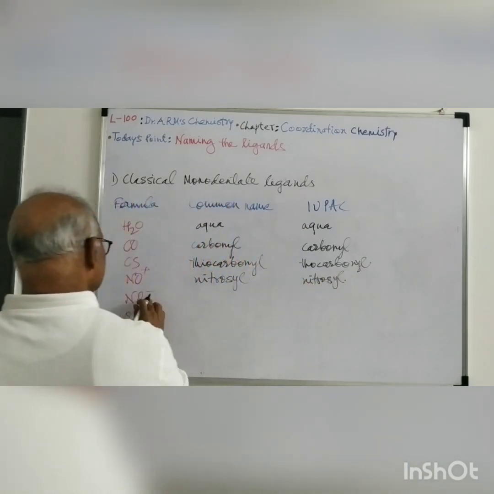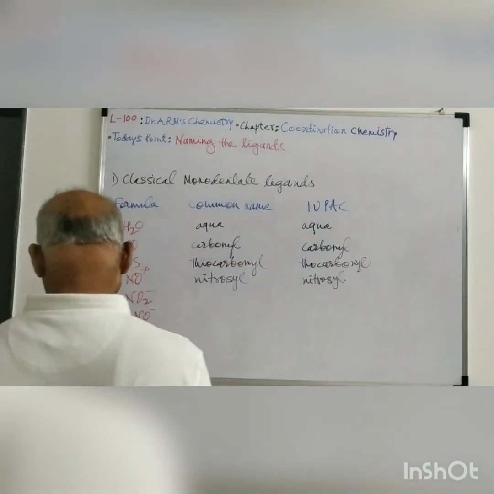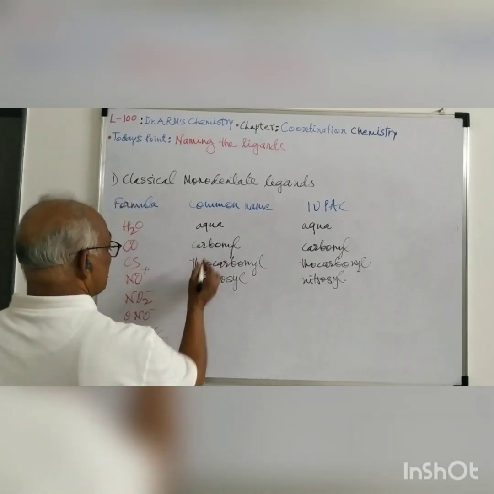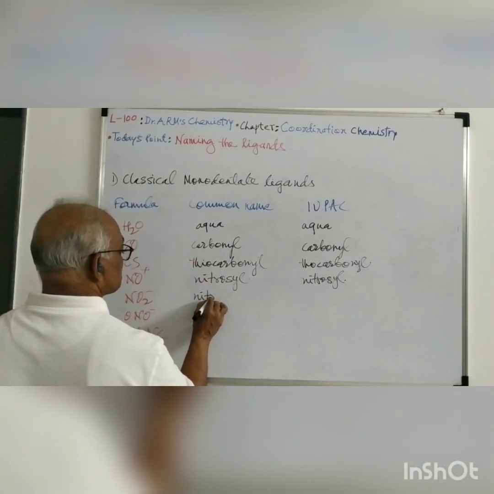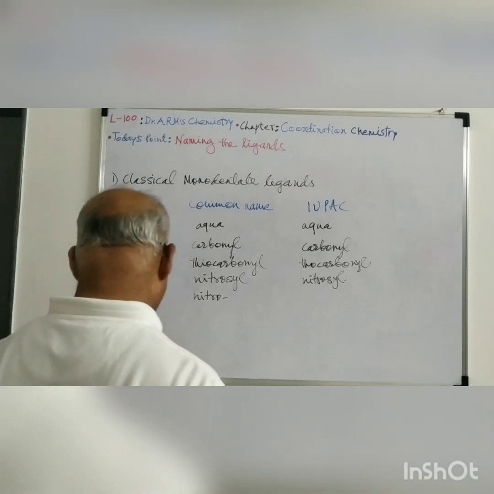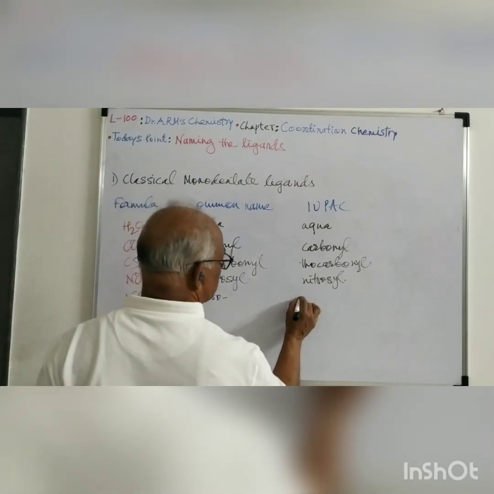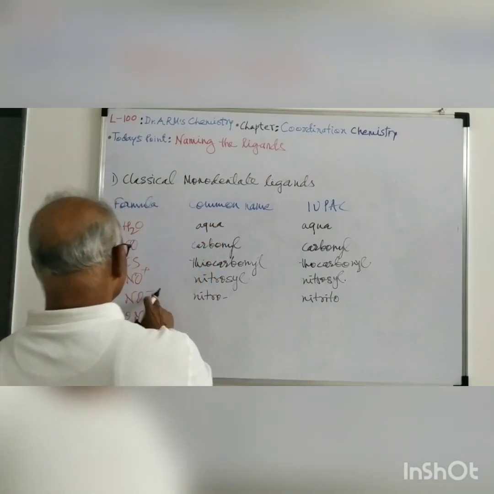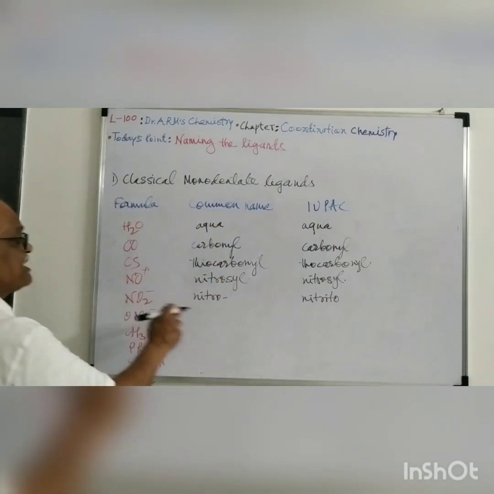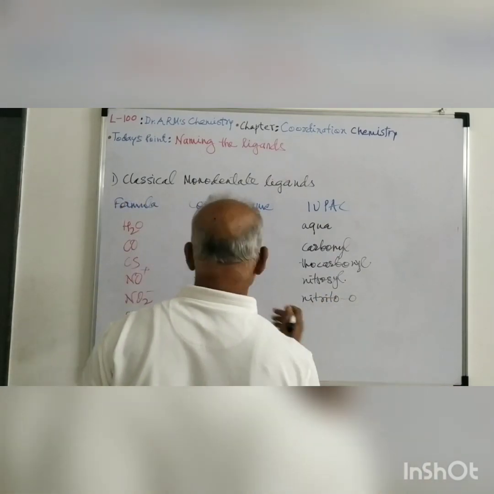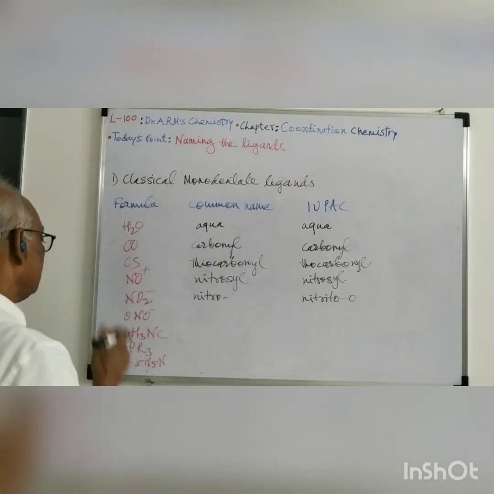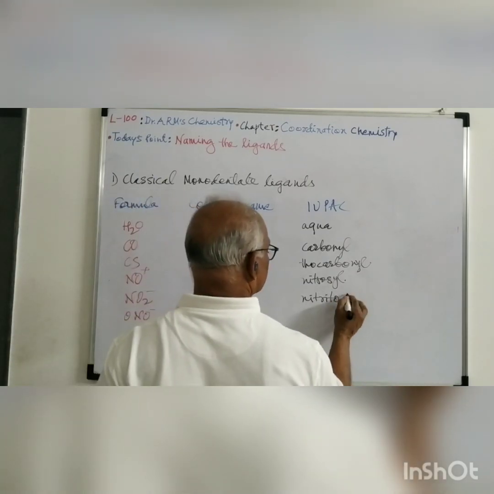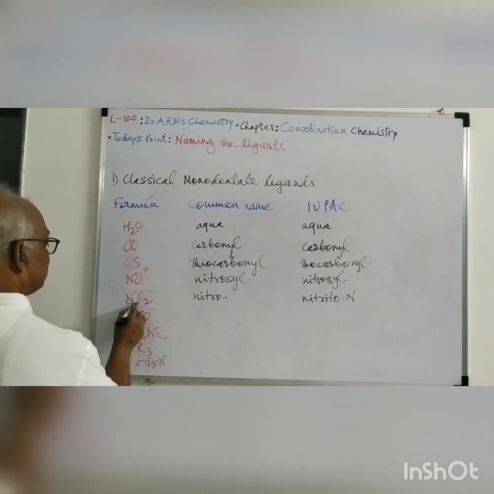This is called the nitro group. It is commonly named as nitro. When the IUPAC name is given, it is called nitrito. Here the point of attachment is oxygen, so it is called nitrito-O. Here the point of attachment is nitrogen, so it is nitro, nitrito-N.